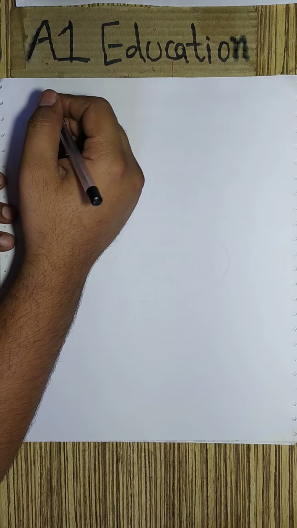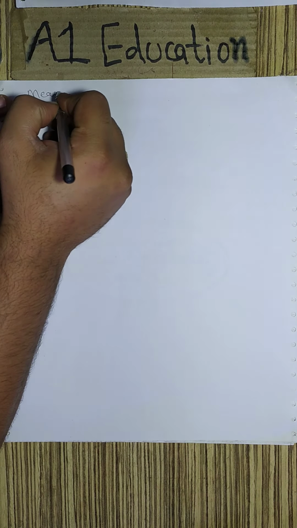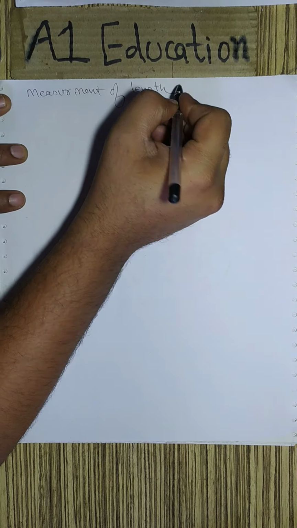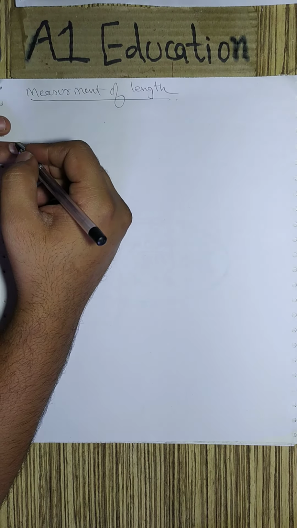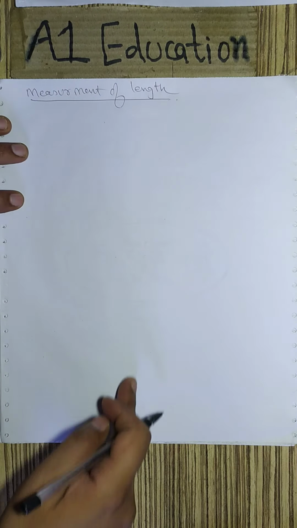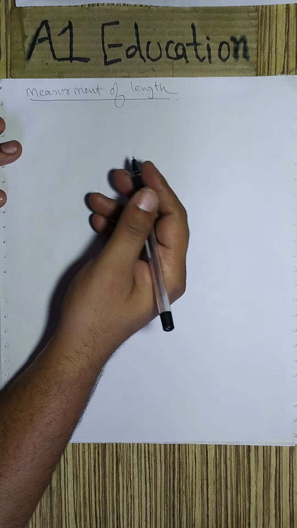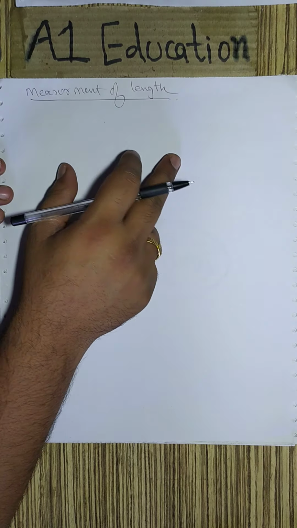Next we discuss measurement of length. So measurement of length, that is you measure the length of this page, maybe the length of the table, or maybe a distance between two points, distance between two cities.